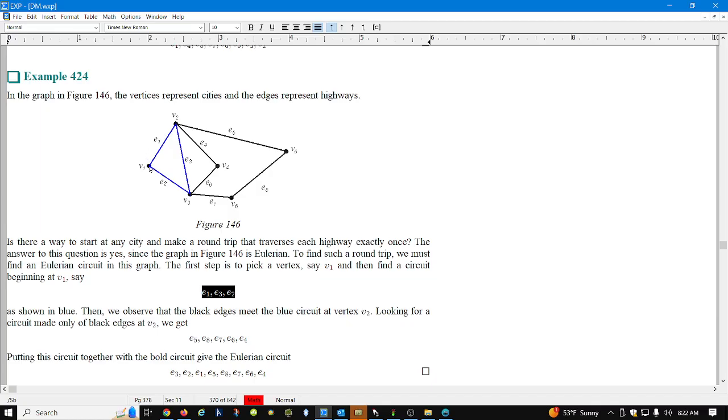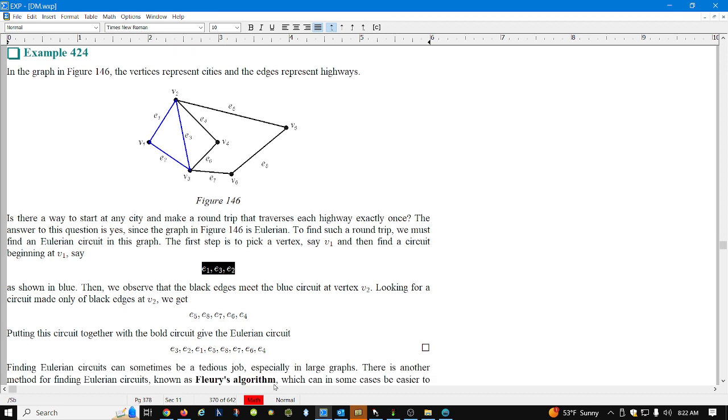I've written this a little differently. It doesn't matter what order you write the edges, it's still an Eulerian circuit. E3, E2, E1, E5, E8, E7, E6, E4. And that starts and ends at V2.